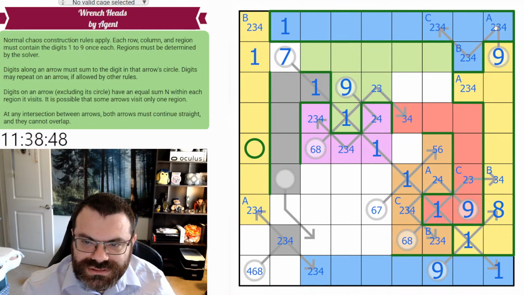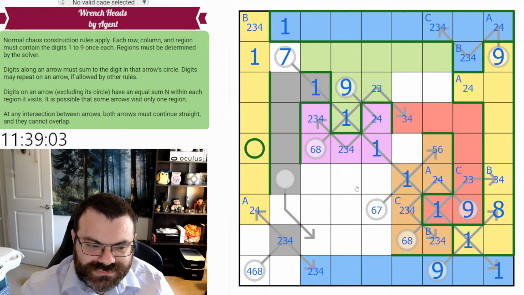So, okay, well, for our A's, we can remove 3. Oh, these are all A's, true. These are the same digit.